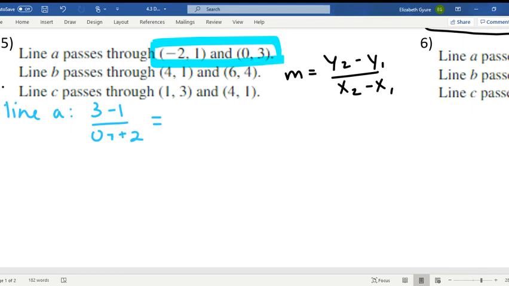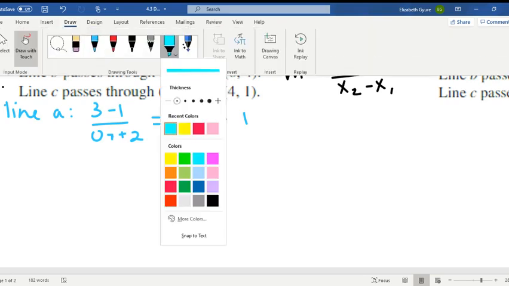Ladies and gentlemen, what's 3 minus 1? 2. What's 0 plus 2? What's 2 over 2? 1. Good. People at home, how are we doing? Okay. Dallas, you didn't sound very confident with that. All right, let's move on to line B.